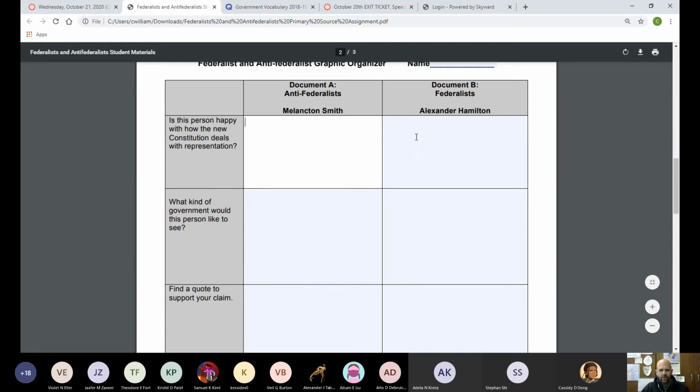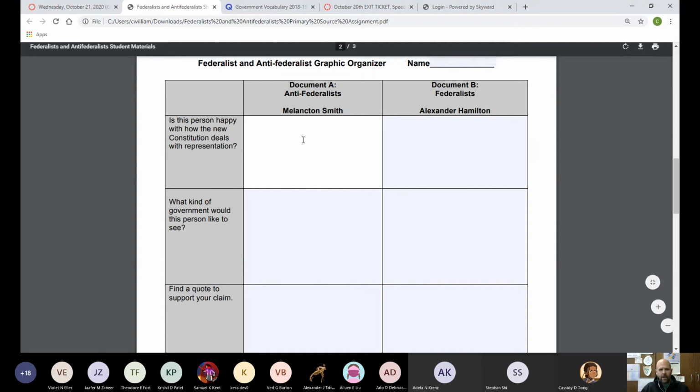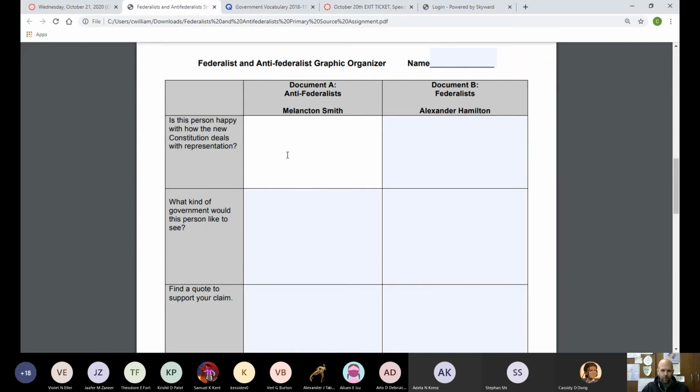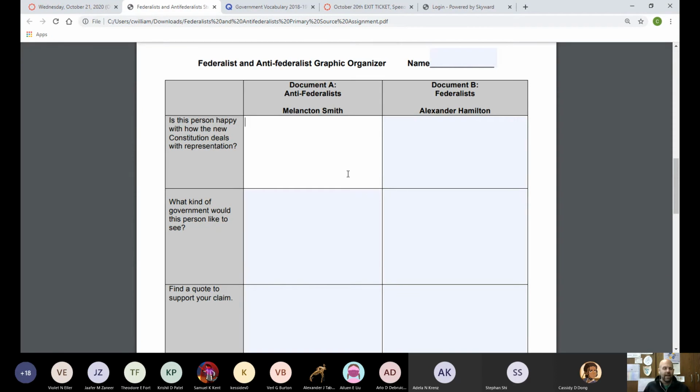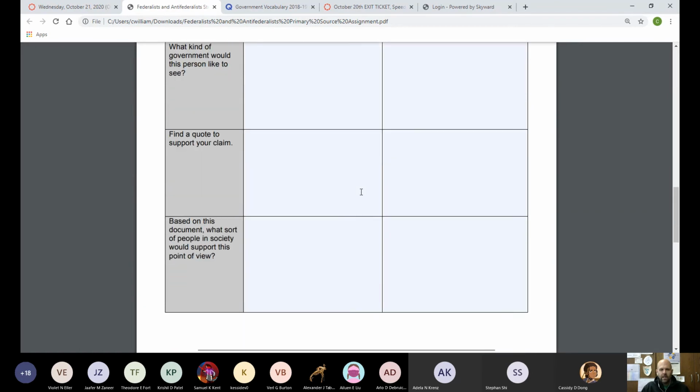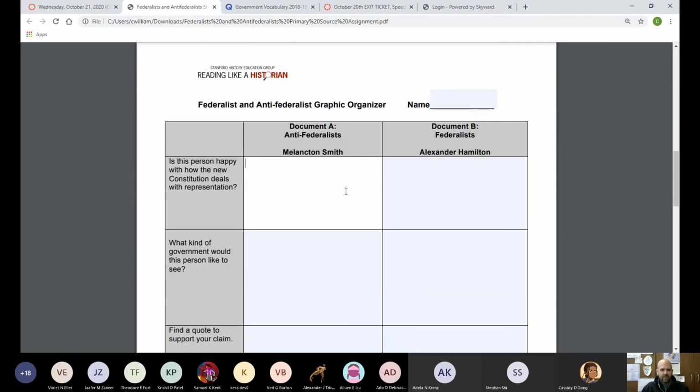If I gauge that it's just a quick three-word answer response, I may have you redo it. All right. Please also, and this is something that I would like moving forward, please create text boxes and type out your answers, because a lot of people are writing so fast, I can't read what you're writing. So I would like the responses in each of these boxes to be done as a text box.